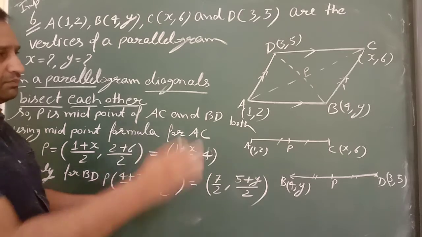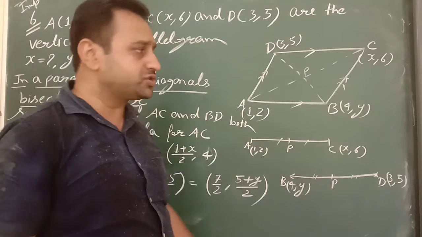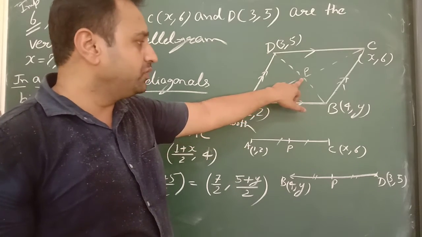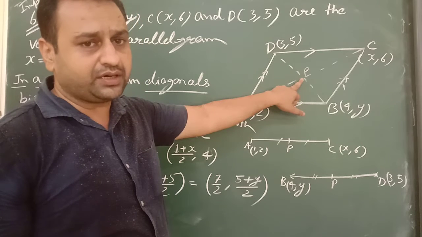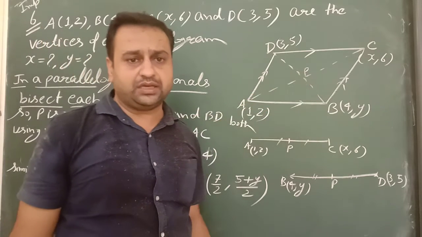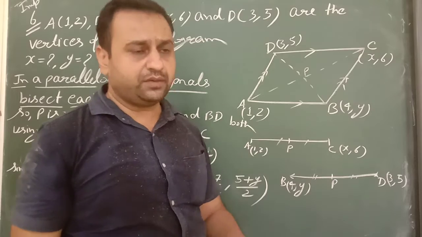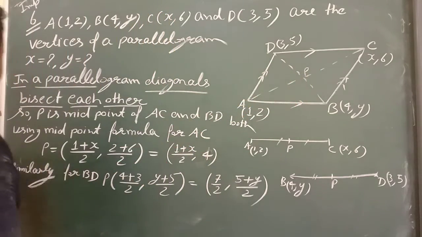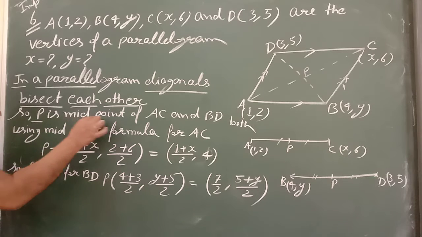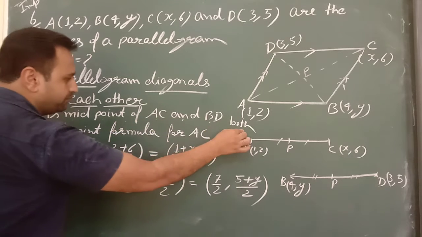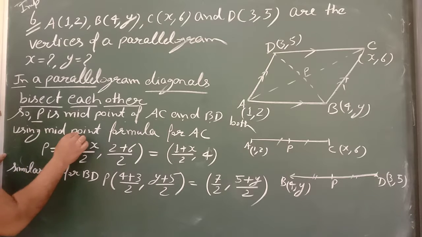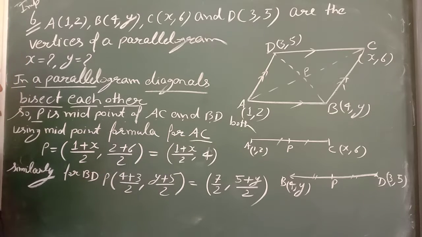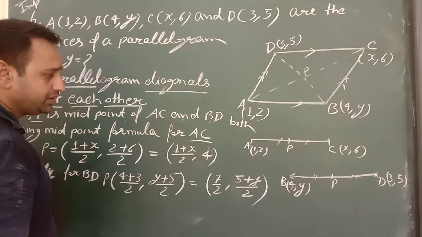It means the point where the diagonals of a parallelogram cut each other is the midpoint of both diagonals. So we will use this concept: P will be the midpoint of both BD and AC. Firstly, P is the midpoint of AC and BD both, using the midpoint formula for AC.